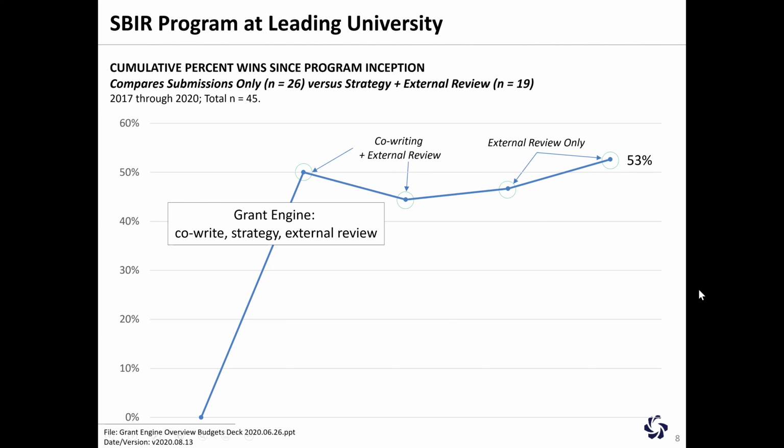And the rest of this chart on the bottom line, which you don't see, compares it to when Grant Engine is not involved and we're just doing the submission. So it's a designed experiment where we added value, if you will, from a content perspective on the blue. And there's another line below that I don't want to show for reasons of respect and dignity that's not as high. And the difference is not something you'd need biostatistics to understand.